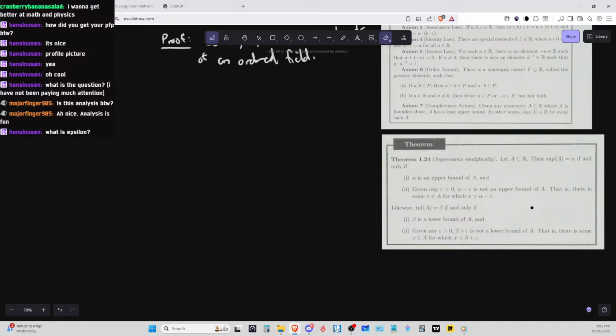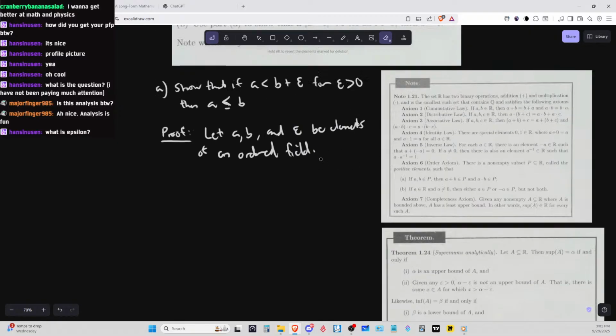That's for the supremum case, but for the infimum case, it's the opposite: x is less than beta plus epsilon. Epsilon is basically like a measuring gauge. It's like you're turning a dial and trying to see which side is which. That's basically what epsilon is in a nutshell, at least for our purposes here.